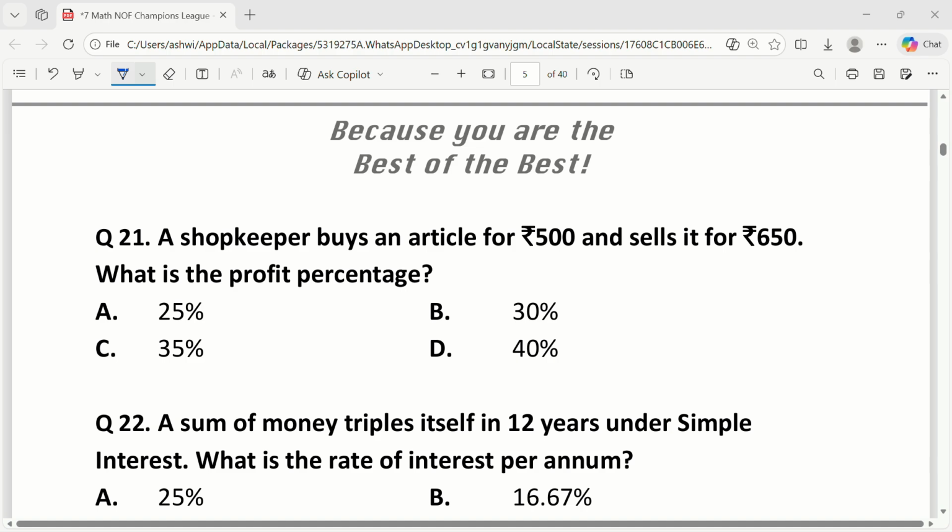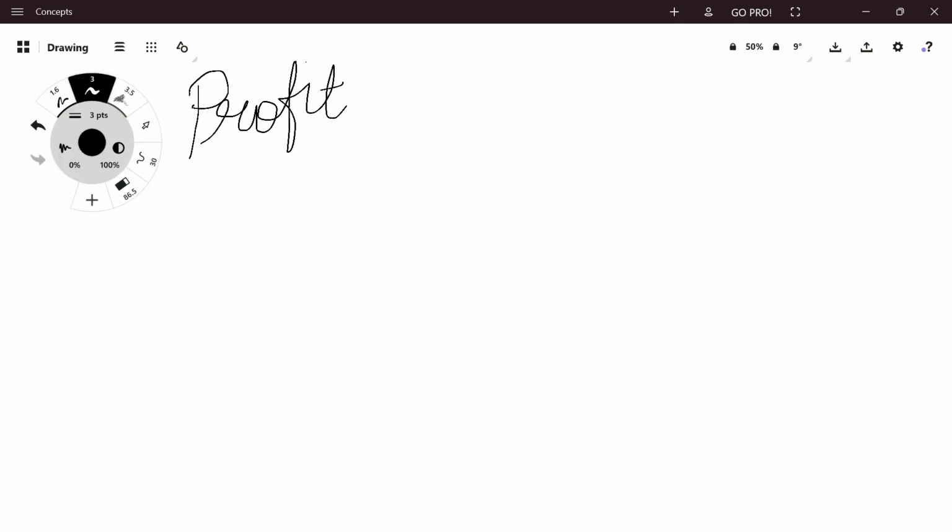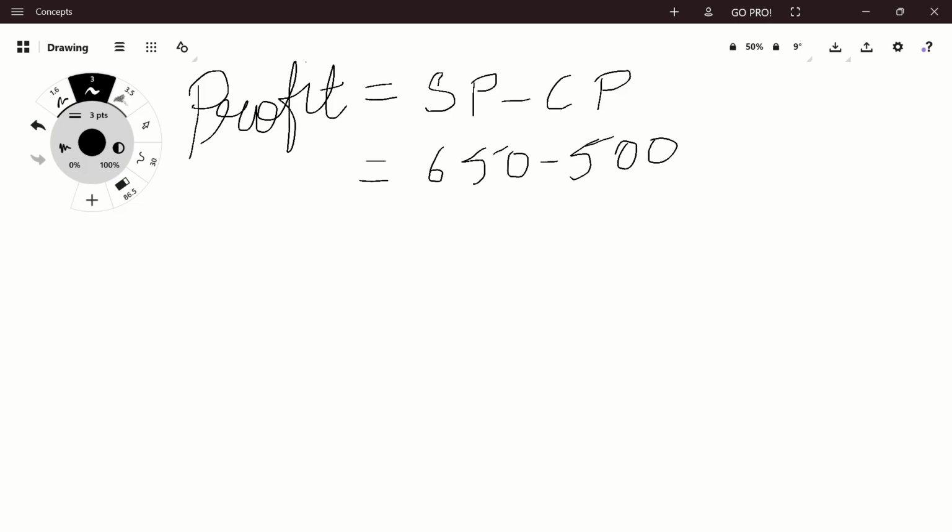So, profit is equal to selling price minus cost price, which is equal to 650 minus 500, which is equal to 150.